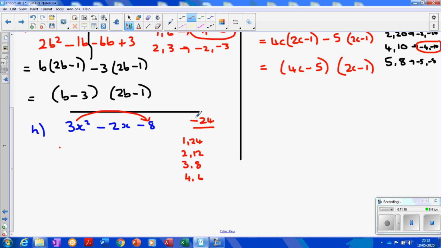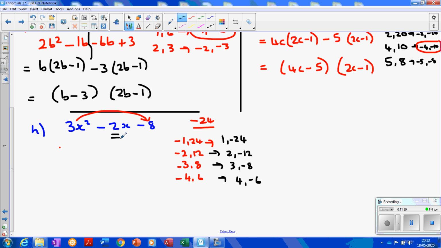So we've got all our factors. This time it's minus 24, so one of the factors is negative and one is positive. So our combinations will be either the minus sign with the first number or the minus sign with the second number. So 1 and minus 24, 2 and minus 12, 3 and minus 8, and the last one would be 4 and minus 6.